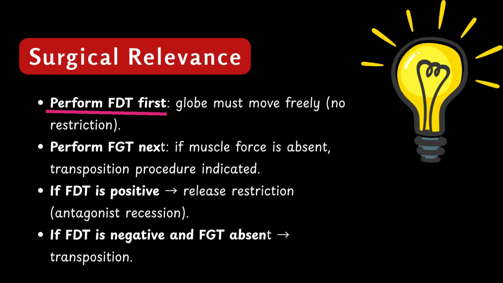If the globe is moving freely, that means there's no restriction, or if the forced duction test is negative, then we proceed to carry out a forced generation test. And now if the forced generation test is negative, that means if the muscle generates no active force, you really can't strengthen it. So you'll need to transpose the force from another muscle, and that is known as a transposition procedure.